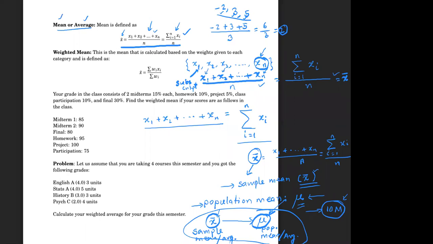From sample average, you try to get population average. From sample standard deviation, you try to get population standard deviation. From sample proportion or percentage, you try to get population proportion or percentage. This is exactly what happens, and this is very important for statistics. From sample, we go to the population. That means from sample properties, we estimate the population properties.